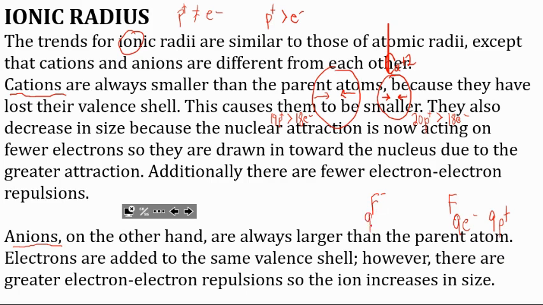For this guy, you've got 9 protons and you've added an extra electron in. It's a negative charge. It's grabbed an electron from somewhere else. So now you've got 10 electrons. So you've got 9 protons pulling on 10 electrons. It's going to be bigger than its original fluorine, because there's fewer protons than electrons there.